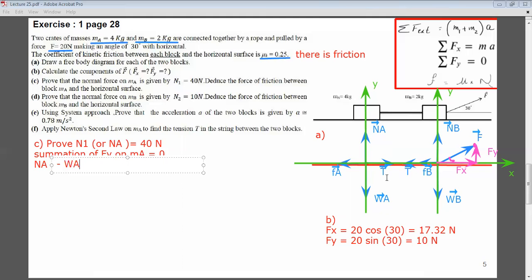Then the tension is on the x-axis, so its y component is 0. This equals 0, which implies NA, or N1, is equal to WA, which is MAG, which is 4 times 10 equals 40.